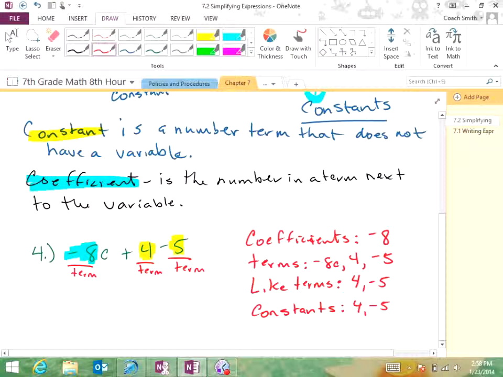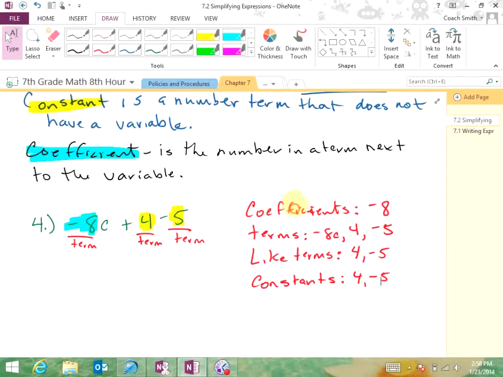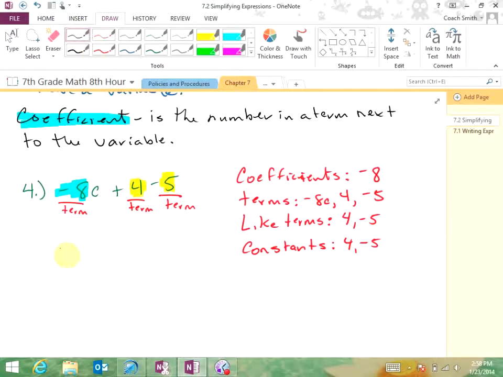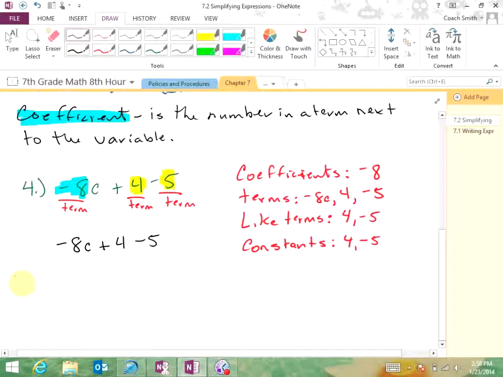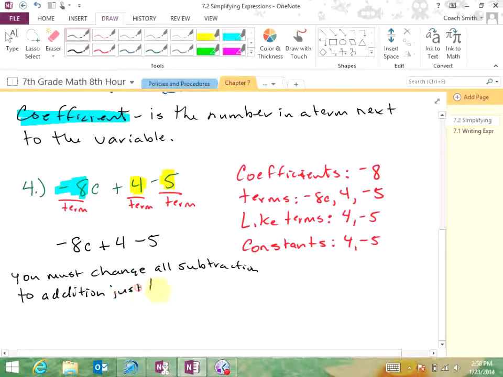Now, where we're coming up with the negative 5 is here. In the problem, negative 8c plus 4 minus 5, you must change all subtraction to addition, just like in Chapter 6.